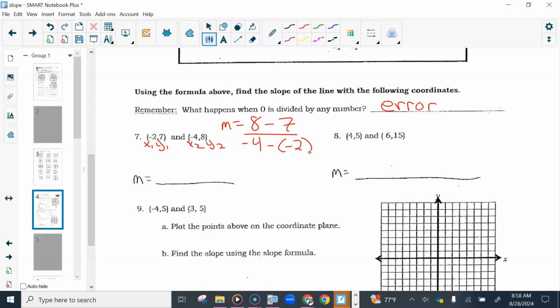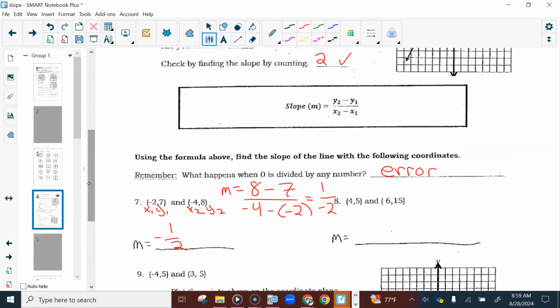And then I want you to go ahead and find that slope. So we should have gotten negative 1/2.